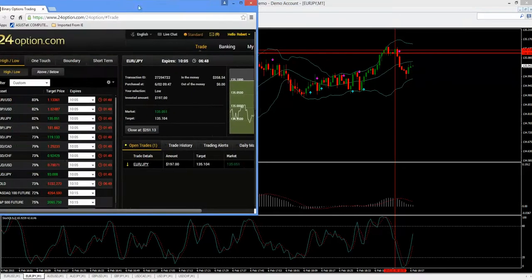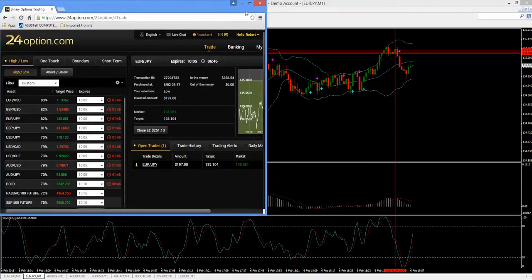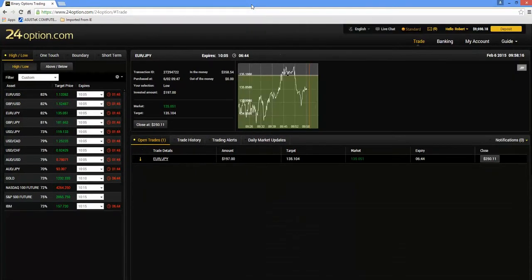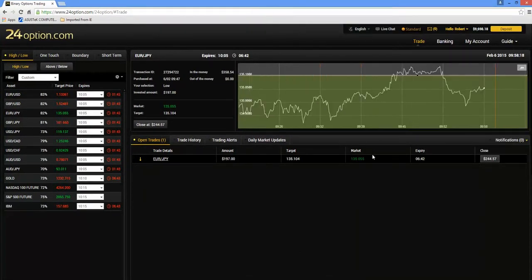Let's move that binary options trade in here again. Currently, well, we sold at 135.104, currently at 135.058. So we're about 4 pips in the profit. Got 6 minutes and 30 seconds. Oh, it's showing some more strength there, 135.07, 7.5, 9, yikes.